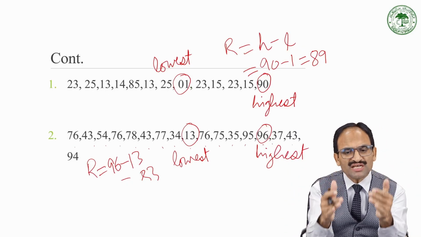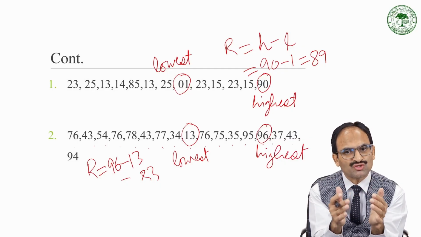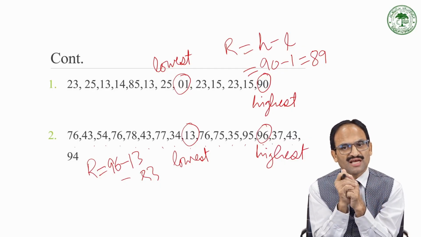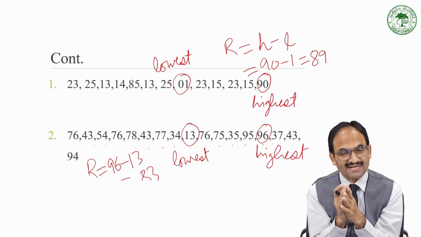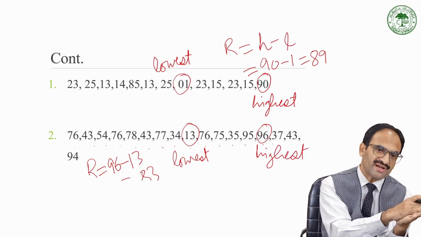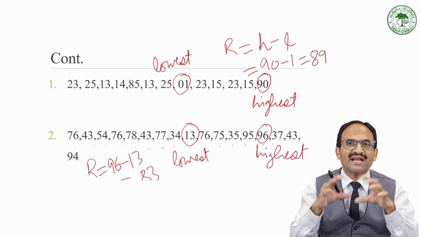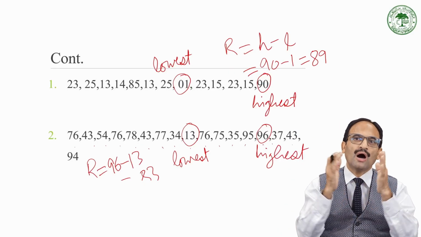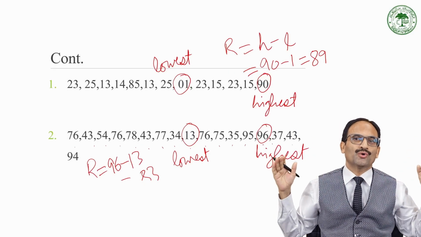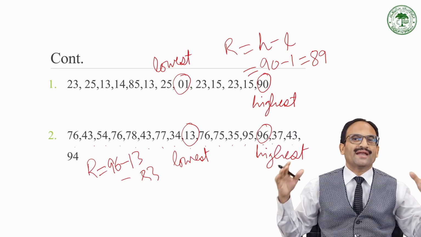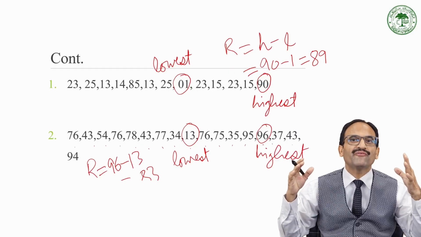So, if you see the values of the range which you have got in these two examples, 89 and 83, they are quite huge in comparison to the previous one where the values were less. So, in a nutshell, the value of the range tells you how diverse your group is, how much heterogeneity there is in the group, and it is a measure of variability.